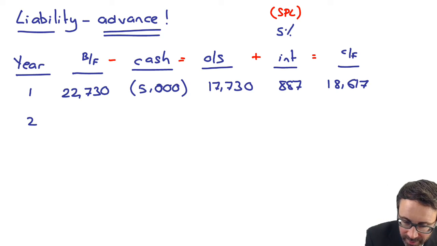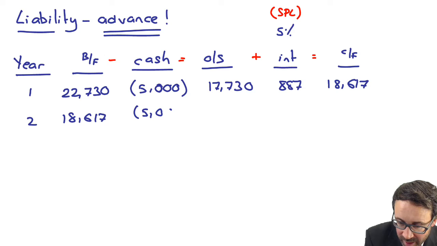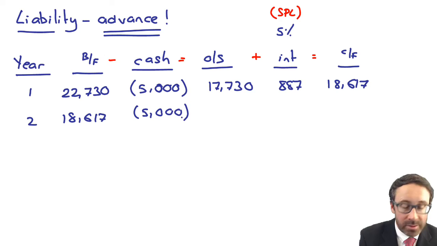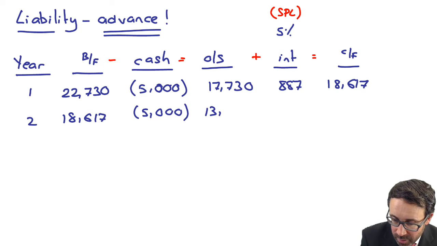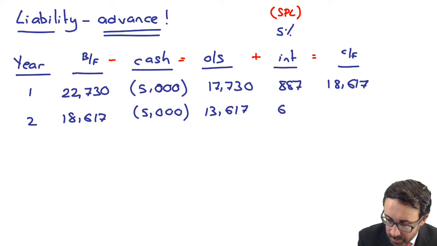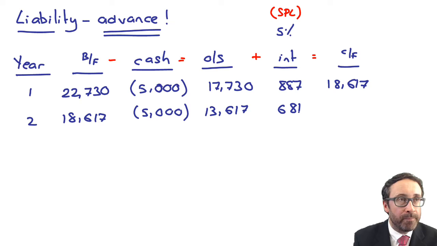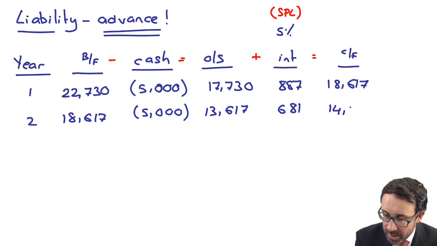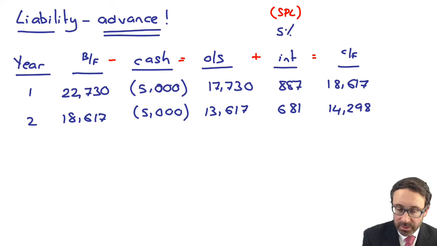So what you've got in the following years is 18,617. Again, 5,000 is paid to give me 13,617. Interest of 681, and that gives 14,298. Excellent.